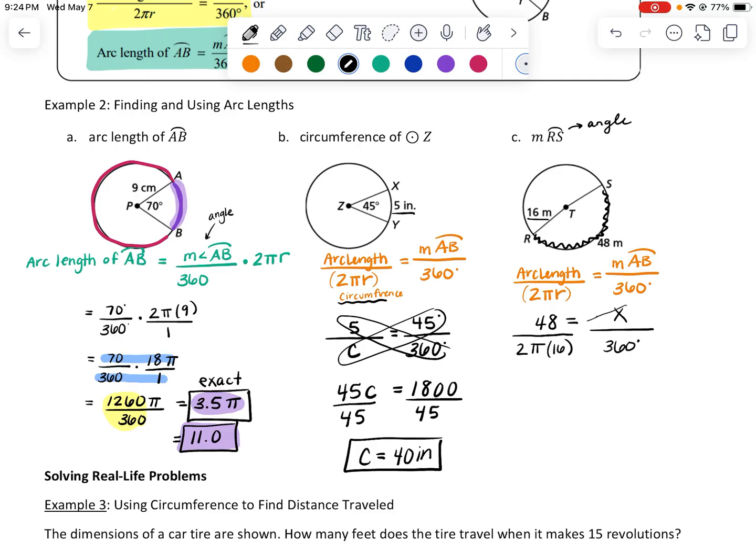So I'm going to cross multiply, and then I'm going to solve. So 2 times 16 is 32 pi times x. So I'm just going to put that there. And then 48 times 360.